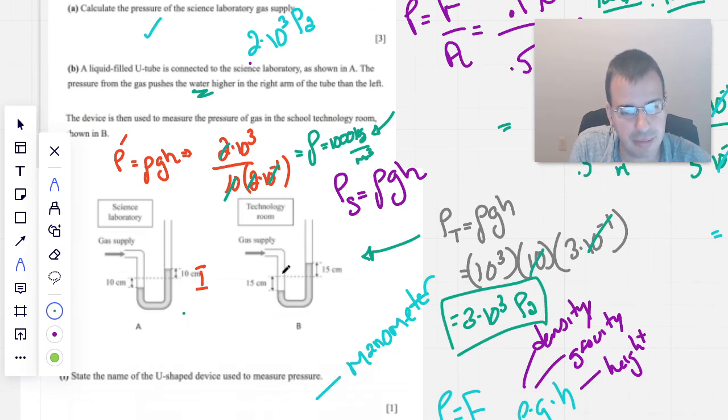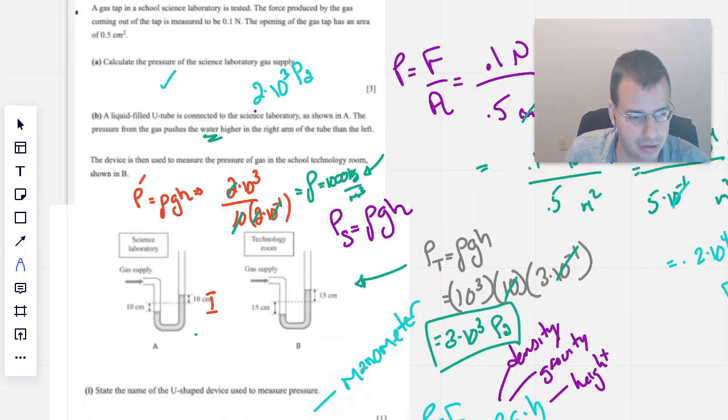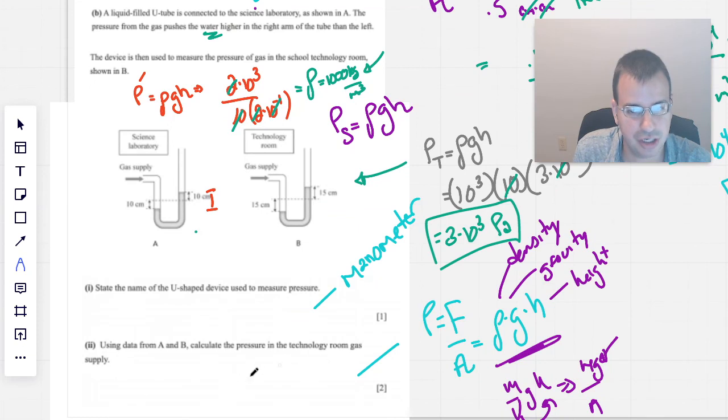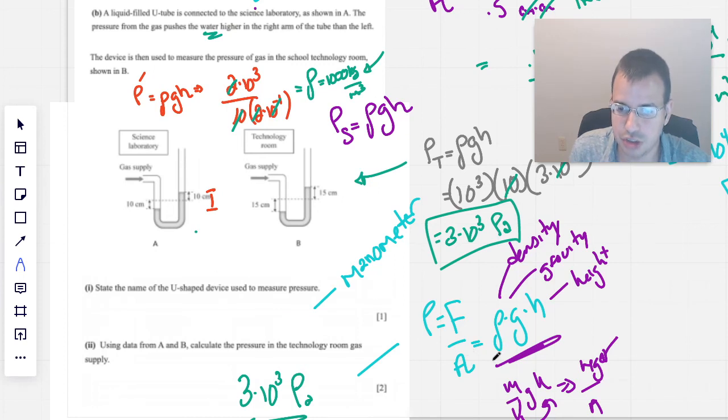The gap in the manometer was 50% bigger, 10 versus 15, and so the pressure was also 50% bigger. So the pressure in the technology room is 3 times 10 to the third pascals. And that all goes back to pressure equals rho g h.